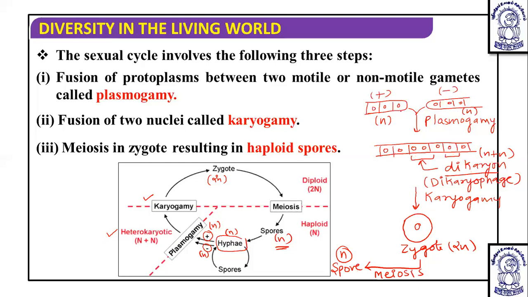Sometimes in some fungi dikaryophase is not found, and in some it is found. Usually the septate fungi, those with septate hyphae, or the higher fungi, have this dikaryophase.